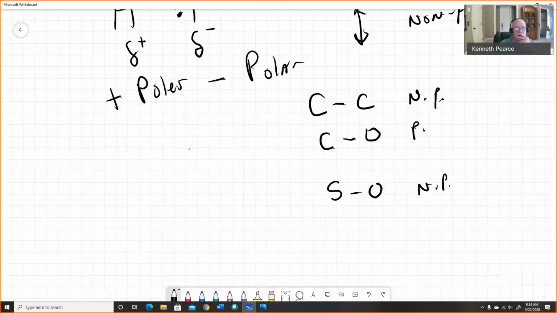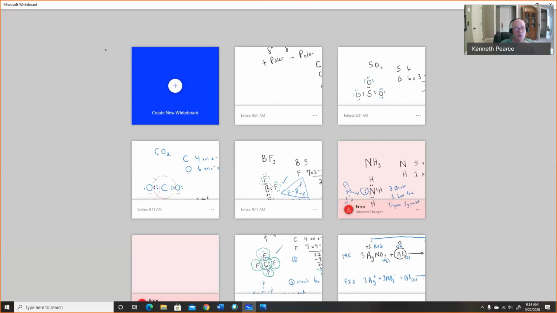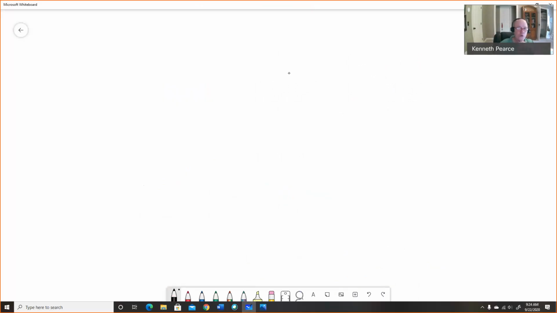All right, so now we have to be able to say whether a molecule is polar or not. And it works like this. If you have a molecule, it can have polar bonds, but not be polar itself. You have to have a net pull going in one particular direction.